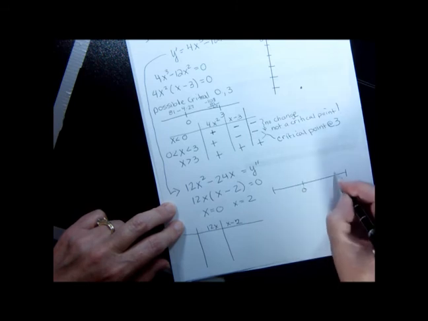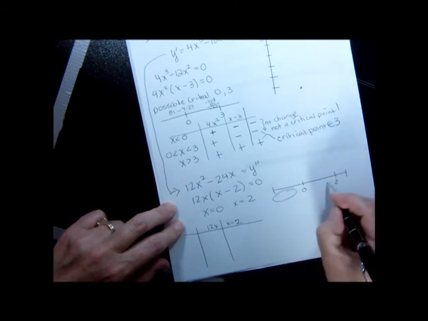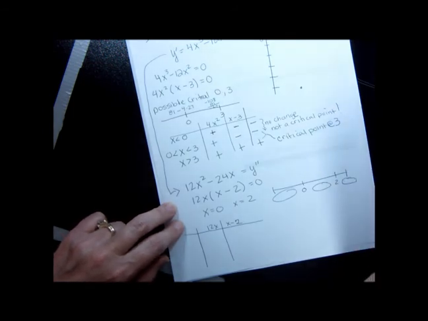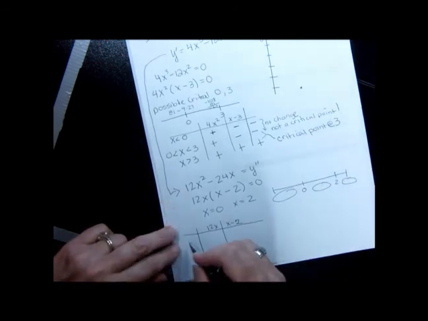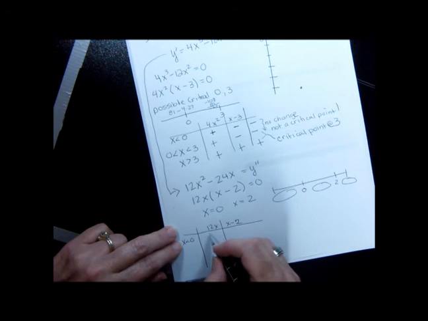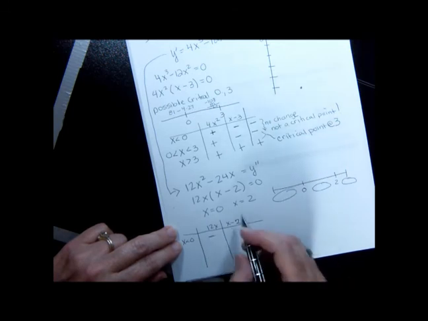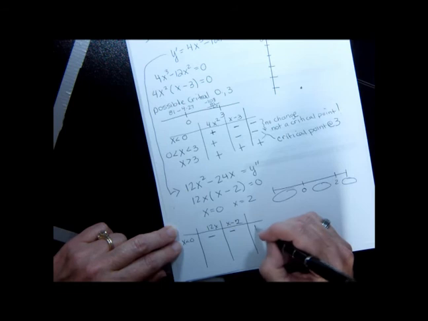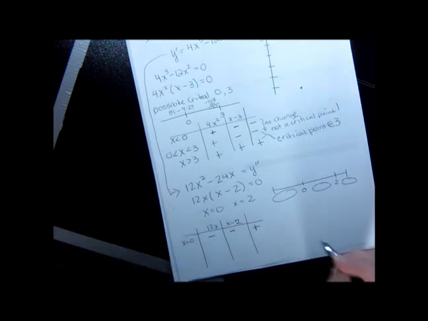I want a value here to check, a value here to check, and a value here to check. So let's go less than 0 first. I can put -1. If I put -1 value in here, I will have a negative. If I put a -1 value in here, I again will have a negative. And a negative multiplied together will give me a positive. And a positive means I'm going to be concave up.